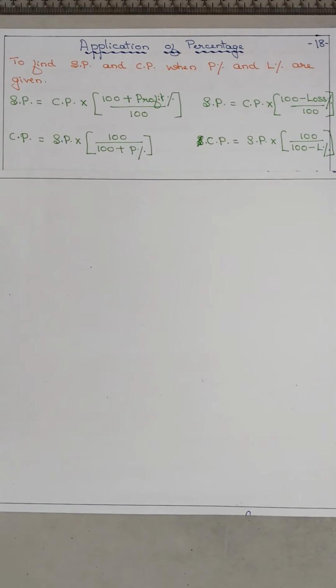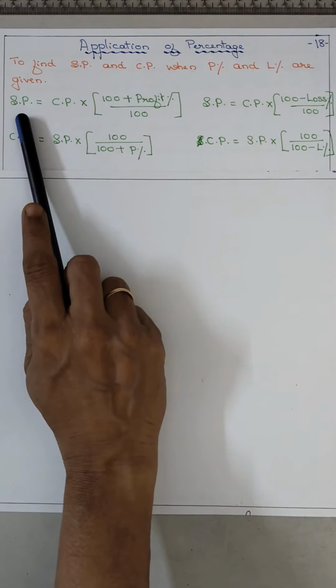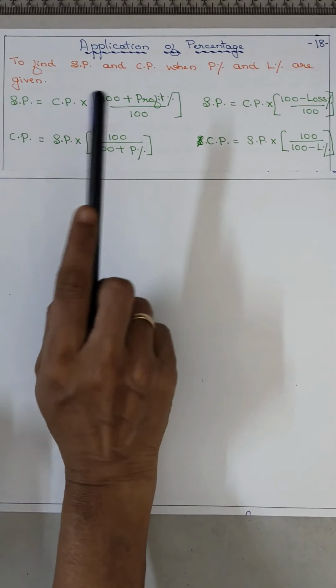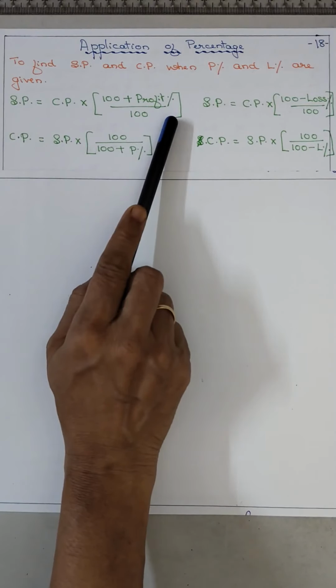We were discussing the lesson application of percentage. Now, to find out SP and CP when profit percent and loss percent are given, we use formulae. We'll see the formula for SP when profit percent is given.